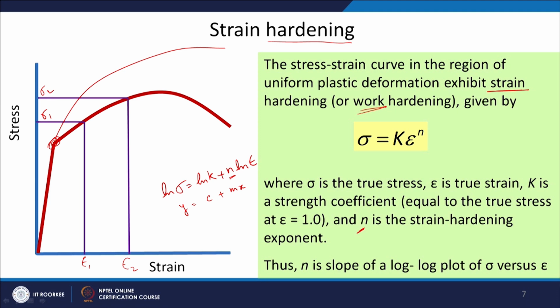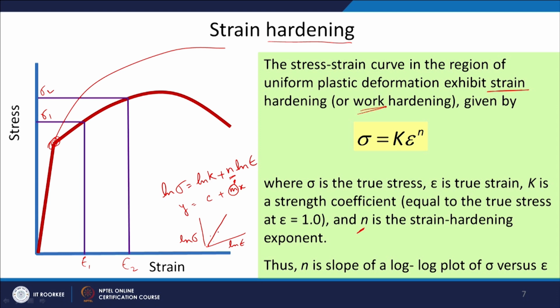So, where m is your slope, and that is equal to n. If I plot this particular equation on a log plot, ln of sigma versus ln of epsilon, then n will give you the slope. It will be a simple curve like this, ln epsilon, ln sigma, and some straight line like this.